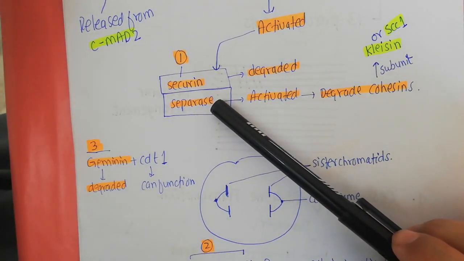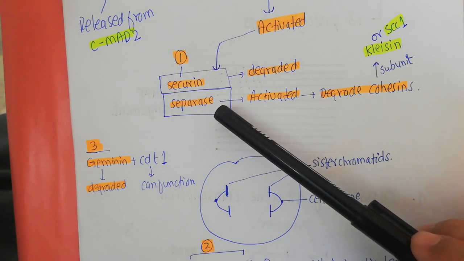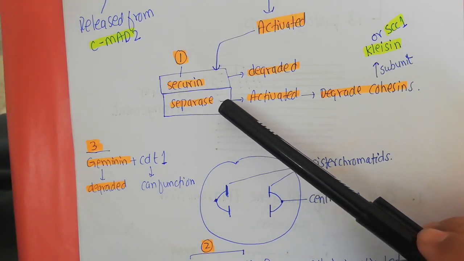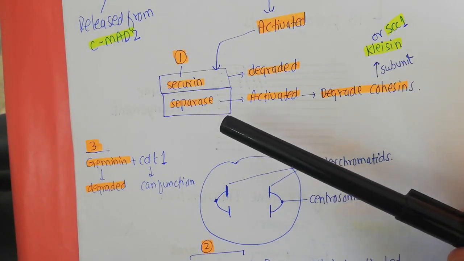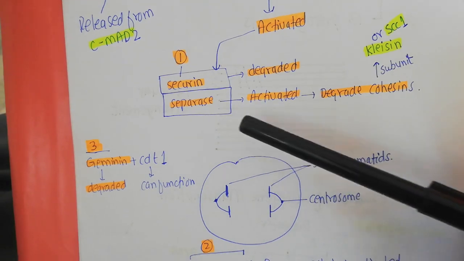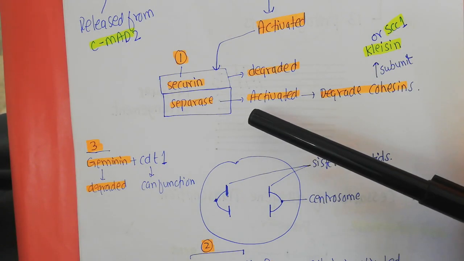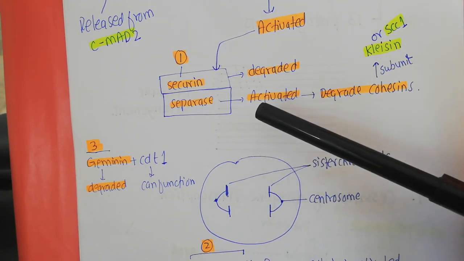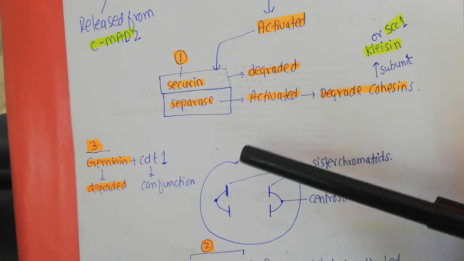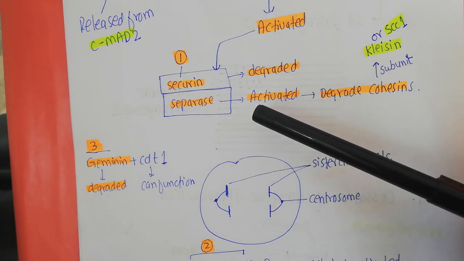Now, I told you that the sister chromatids are attached to each other by these cohesion proteins, and when the kinetochore microtubules want to pull the sister chromatids to the opposite poles, tension is created on these kinetochores, and you cannot separate the sister chromatids from each other until you have degraded the cohesins.